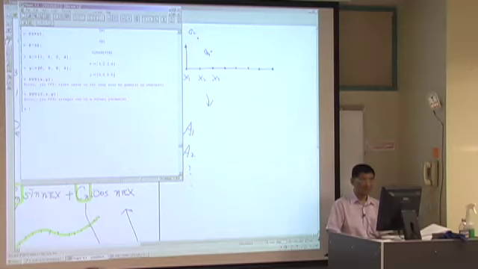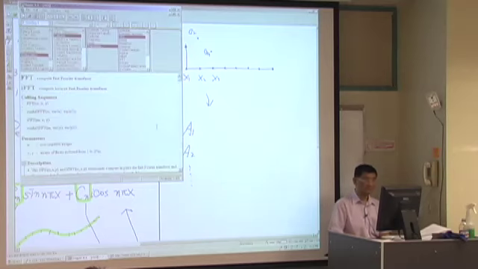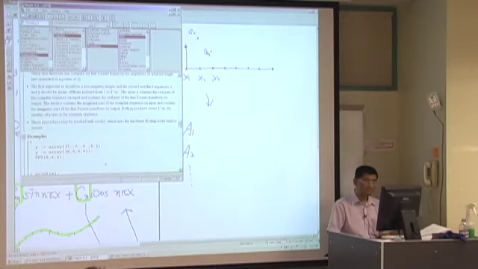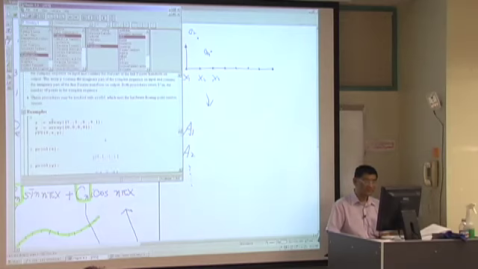I completely forgot how to run FFT on Maple. So I should say array. I didn't say array. That was the reason why it complains.